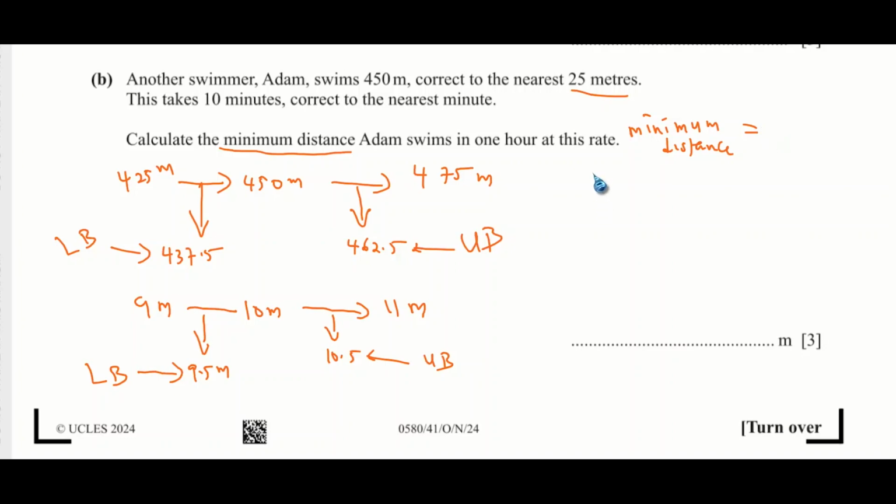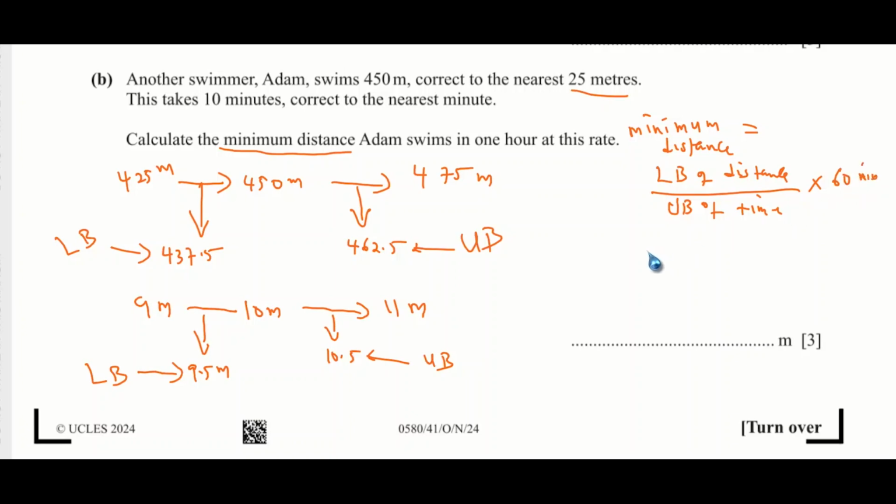So that is what we're going to have there. Let's denote it: lower bound of distance over the upper bound of the time, then multiply by 1 hour. Since our time is in minutes, it will be 60 minutes.